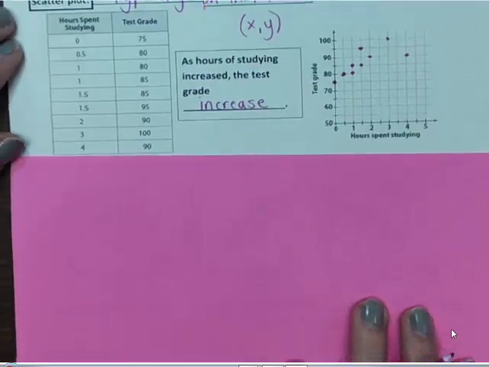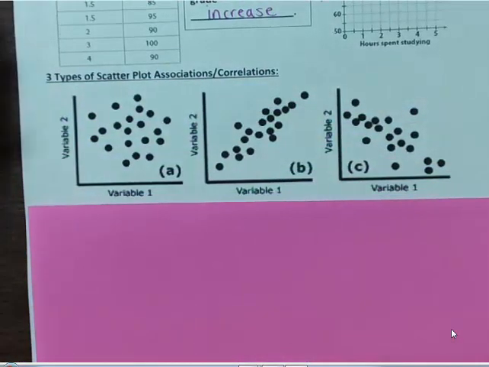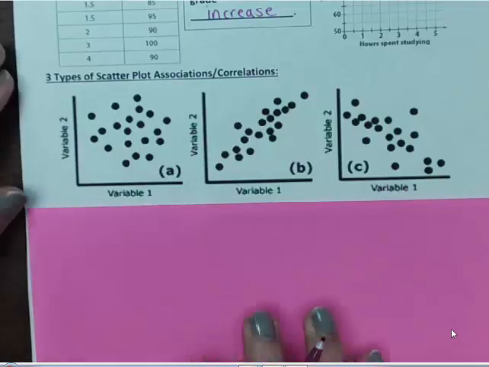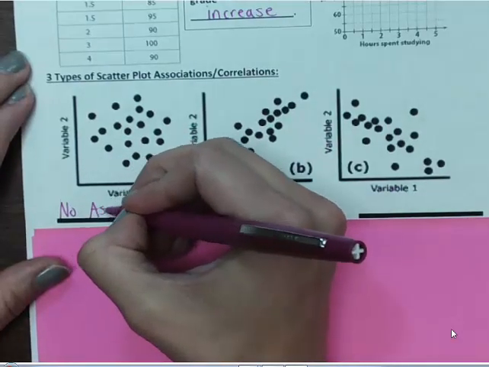Now there are three types of scatter plots, or associations, or correlations, and these are the three. The first one, if we look at the X and the Y values, all the dots are all over the place. There's not really an order between them. From left to right, I can't decide if it's going up or down. So this type of scatter plot is called no association.